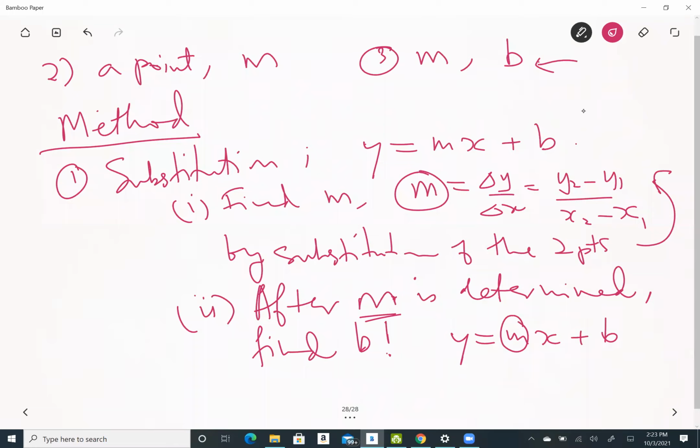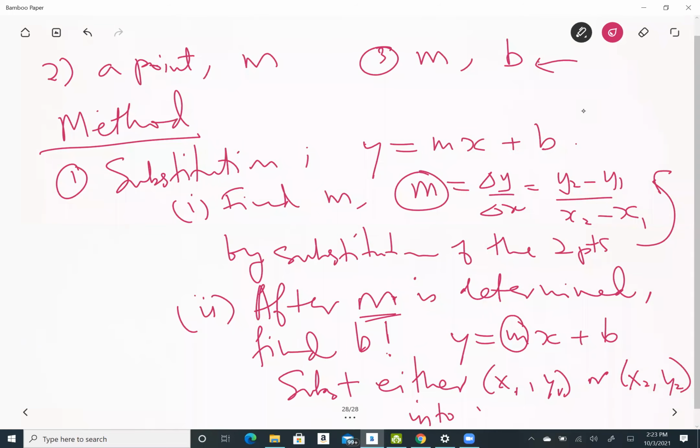So what you do next is that we substitute again, either x1, y1 or x2, y2 into the function to get b.